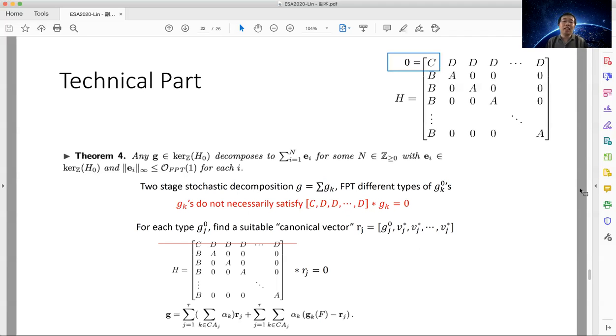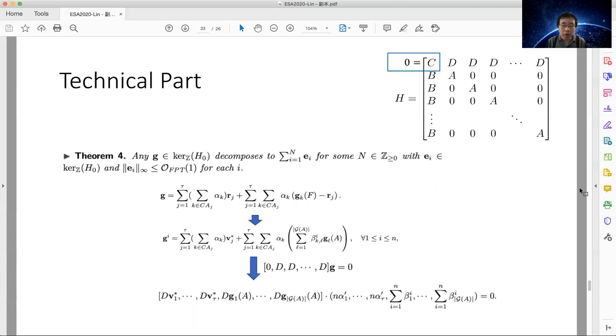By using the canonical vector R of J, we should be able to rewrite the summation G equals the summation of G of K. This rewriting is simple: we have the summation of G of K, and we group all G of K that share the same first block, GK0. For these, we subtract their corresponding canonical vector, and then we add back these canonical vectors. This is just a standard way of writing.